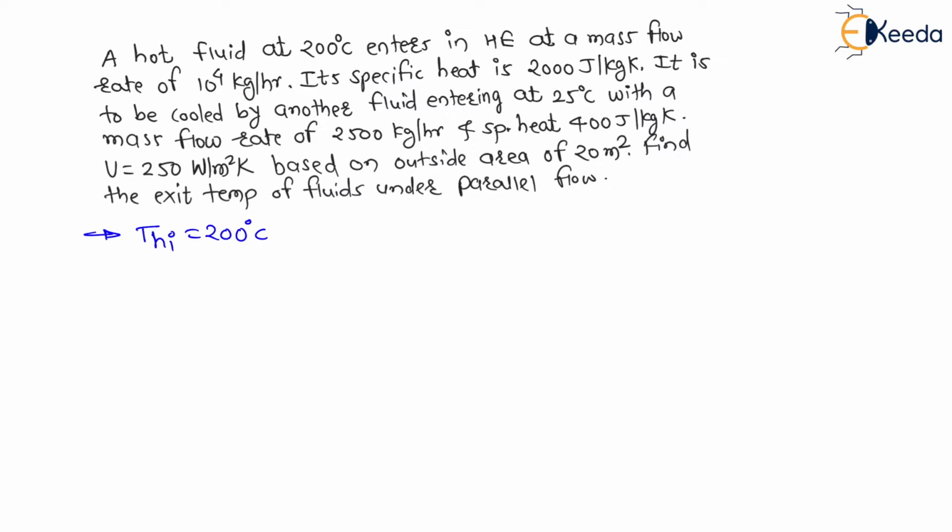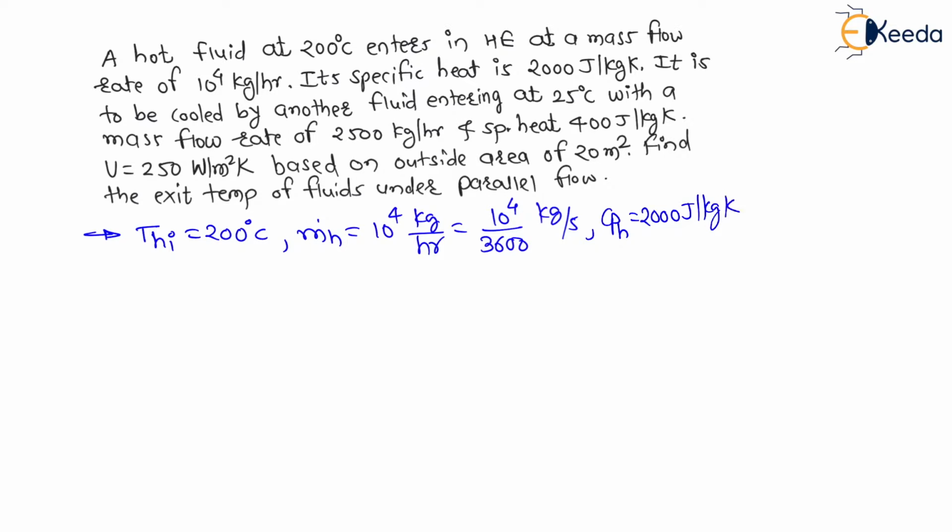Therefore, here mass flow rate of hot fluid is given, which is nothing but 10 to the power 4 kg per hour. Therefore, it is equal to 10 to the power 4 divided by 3600 kg per second. Right. Then its specific heat is 2000 joule per kg Kelvin. Therefore, specific heat of hot fluid is given. Cp of hot is equal to 2000 joule per kg Kelvin.